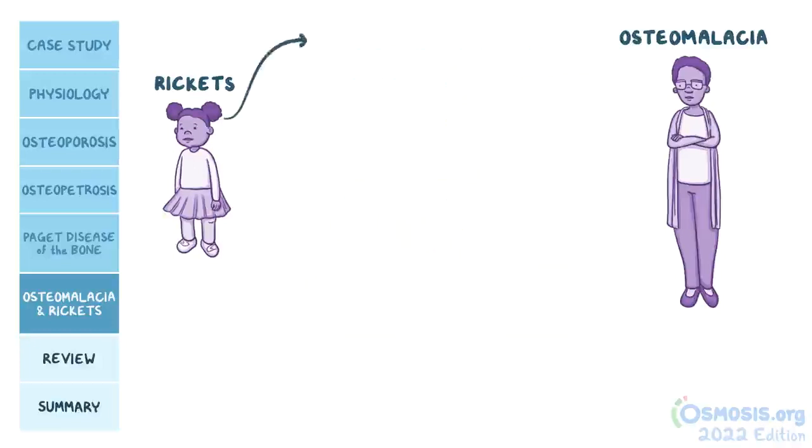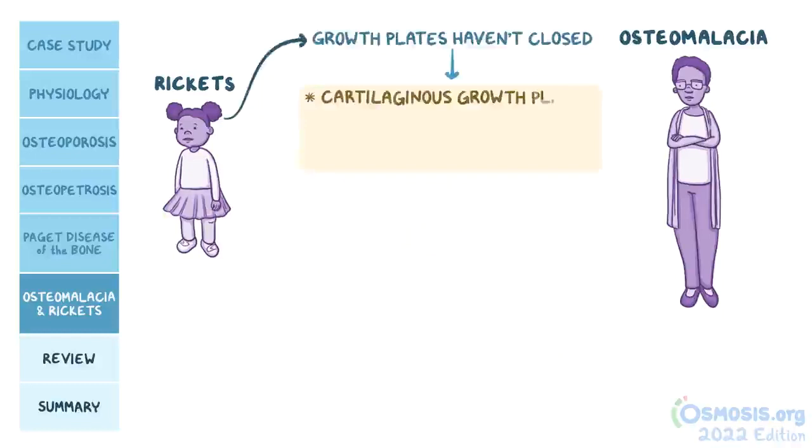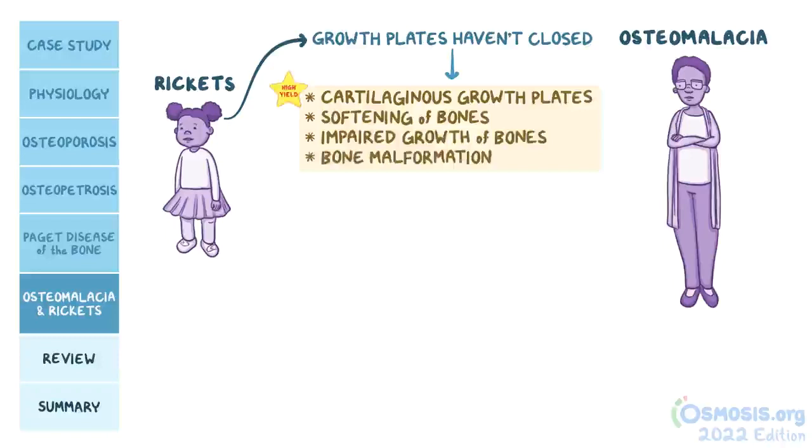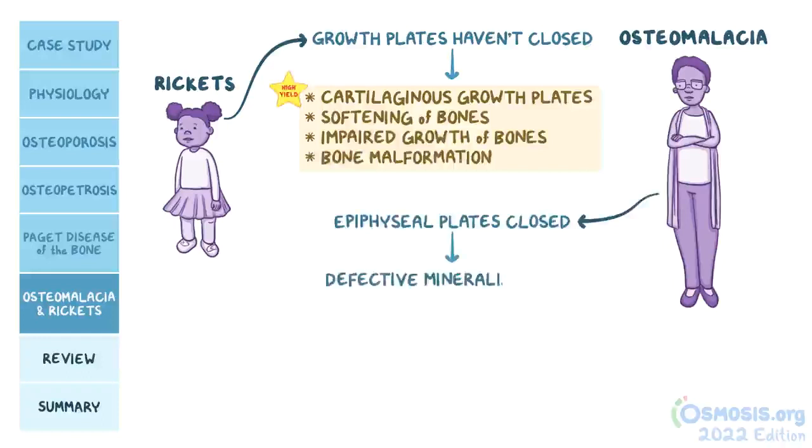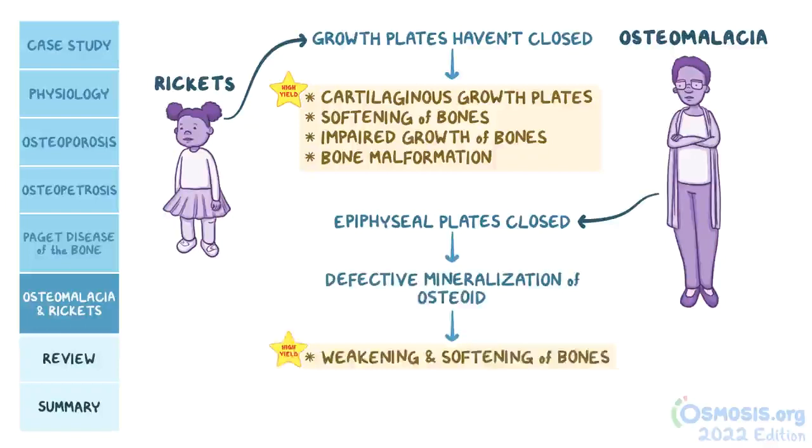In children, because the growth plates haven't closed yet, this leads to cartilaginous growth plates, softening of the bones, impaired growth of bones, and bone malformations. Whereas in adults, where the epiphyseal plates have already closed, it only causes defective mineralization of osteoid, resulting in weakening and softening of bones, which makes them easier to fracture.